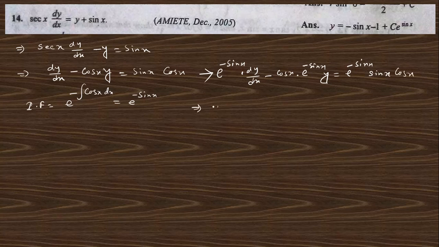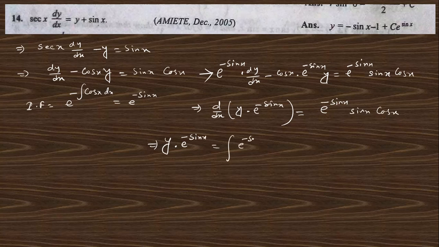So this can be written as d/dx of y into e to the power minus sin x, and this is e to the power minus sin x cos x. So if you integrate this, you will get y e to the power minus sin x equals integration e to the power minus sin x cos x dx.